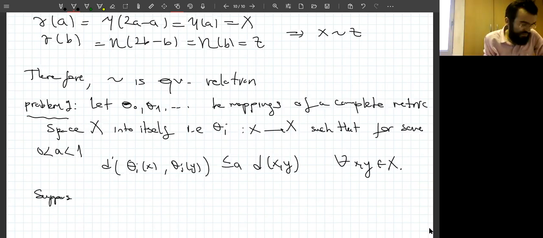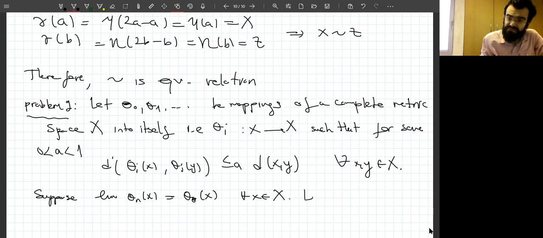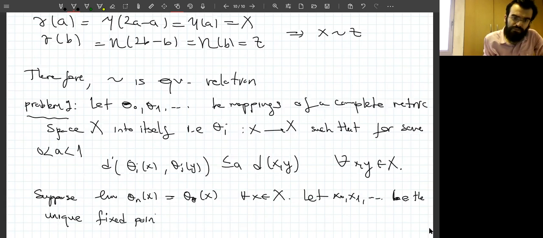Suppose limit theta n of x is theta 0 of x for all x in X. Let these points x0, x1, be the unique fixed points of theta 0, theta 1, respectively.